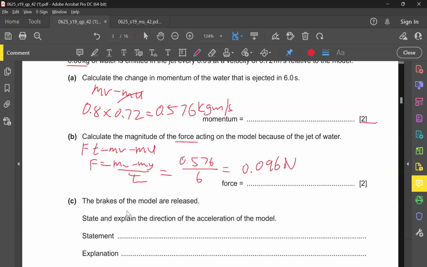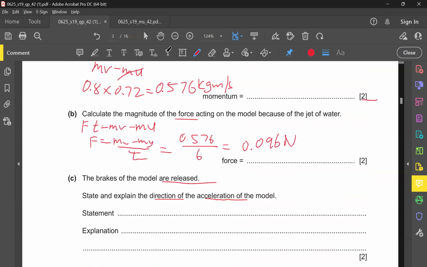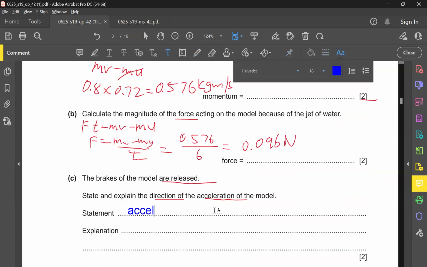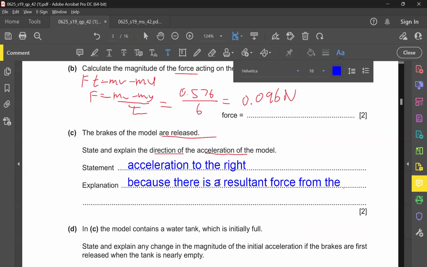Okay? Then after that, the brakes of the model are released. State and explain the direction of the acceleration of the model. Right? So right now, if the water jet is pushing here, then obviously the object will accelerate in this direction, right? So your statement is acceleration to the right. Because there is a resultant force from the water jet.